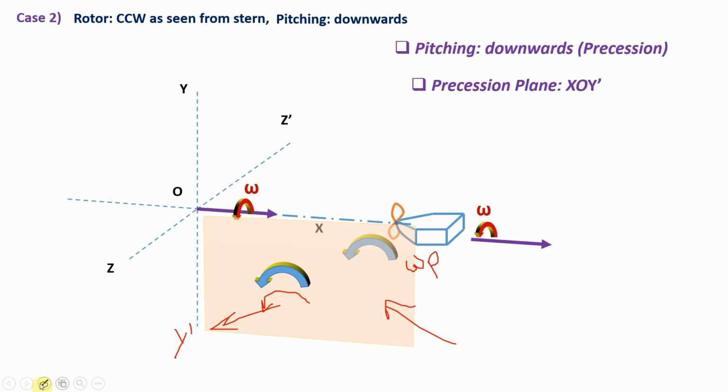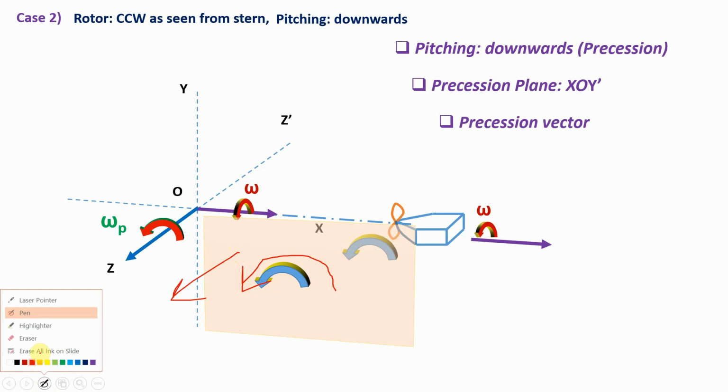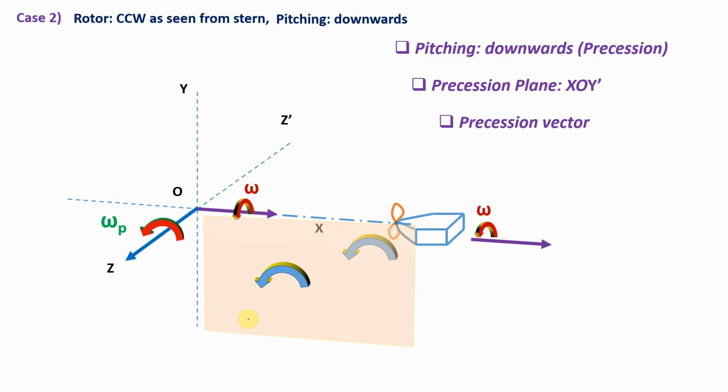So when you take the right hand in the precession plane XOY dash and curl the fingers in the sense of omega p, the thumb will point this way. That is the precession vector. We place the precession vector along the axis OZ.